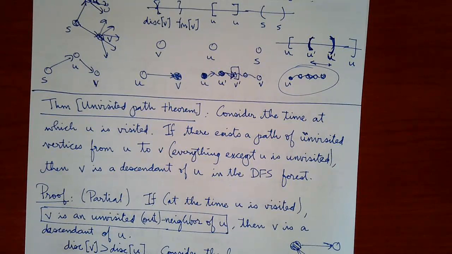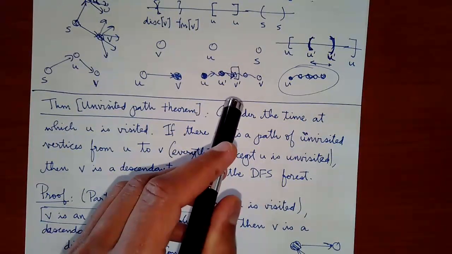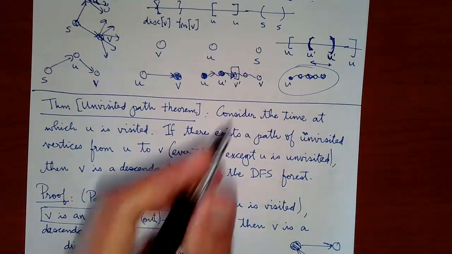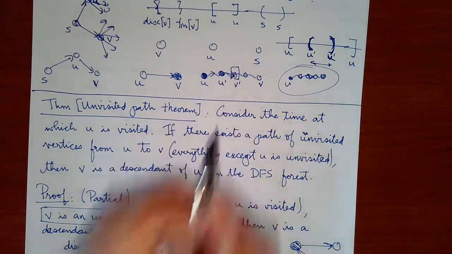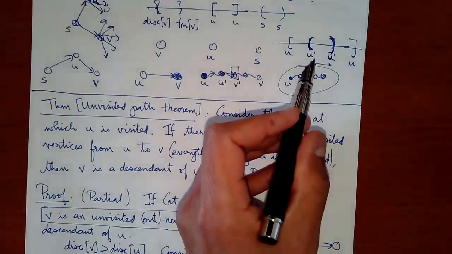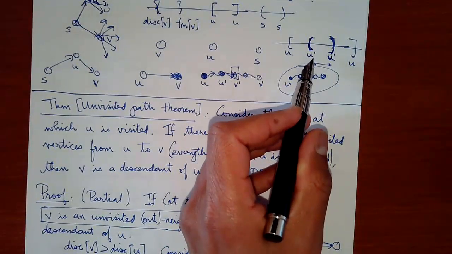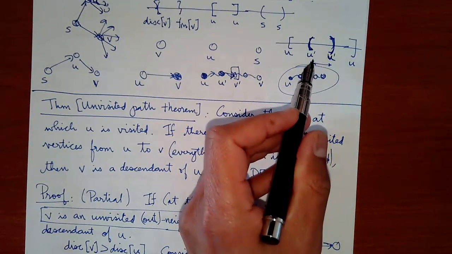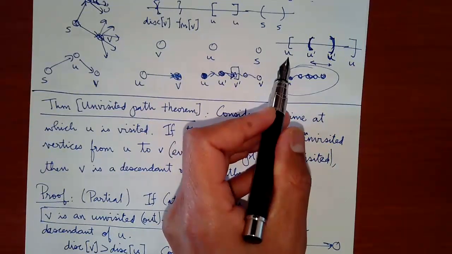Well, I agree it doesn't matter, but can't V prime actually get visited before U prime? So what you're saying is, can V prime get visited before U prime? Let me see. Okay, actually, you're right. So the way that you would complete the argument is to say, suppose it got visited before U prime got visited, but it must be visited after U was visited.